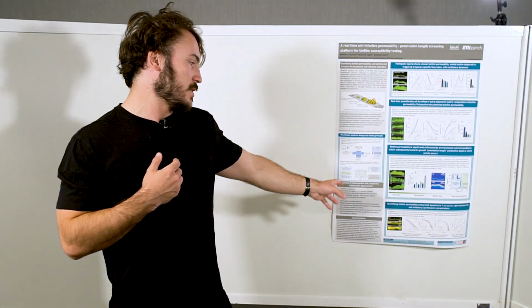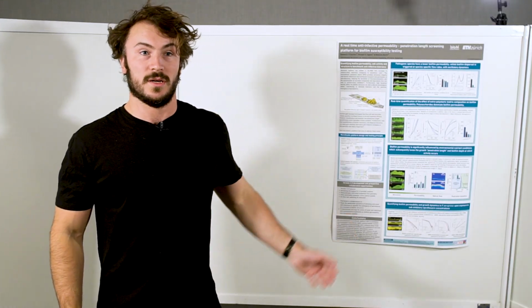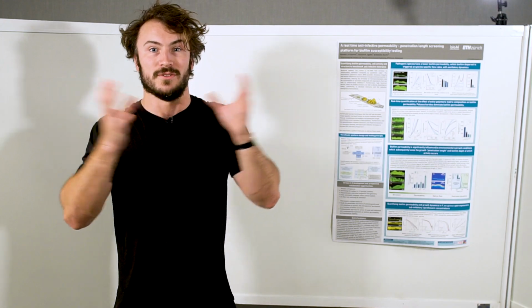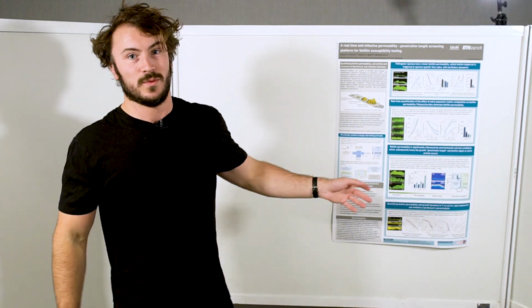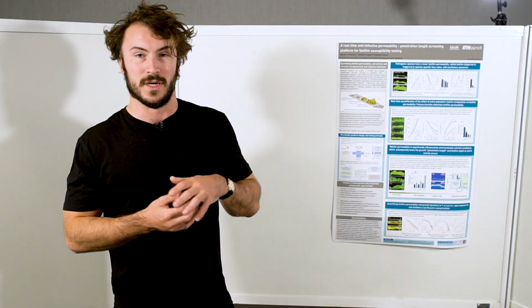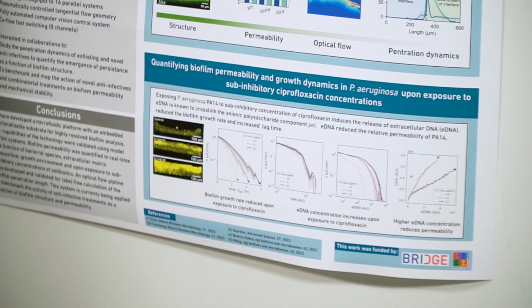And last but not least, we looked at Pseudomonas aeruginosa. In this study, we just wanted to validate our algorithms looking at cell death killing and quantifying the effect of extracellular DNA on the extracellular matrix permeability. For this, we used PA14, which is a model aeruginosa organism, and we treated it with some inhibitory concentrations of ciprofloxacin, an antibiotic known to cause the release of extracellular DNA within this biofilm.